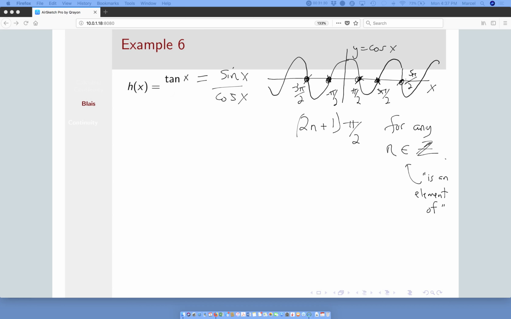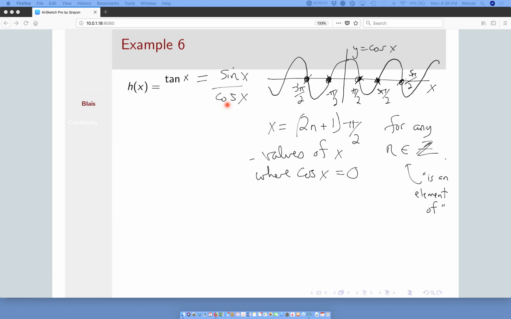So if you take any n that is an element of the integers and plug it in here, this results in an x value at which cosine has a root. So these are the values of x where cosine of x equals 0.